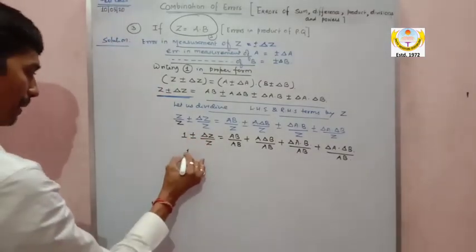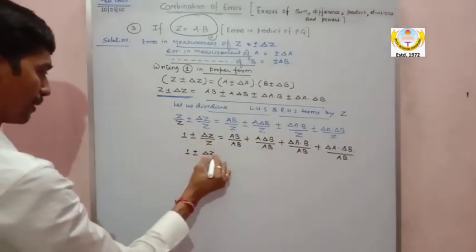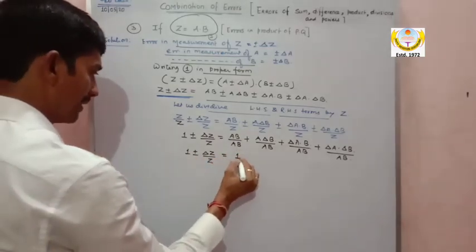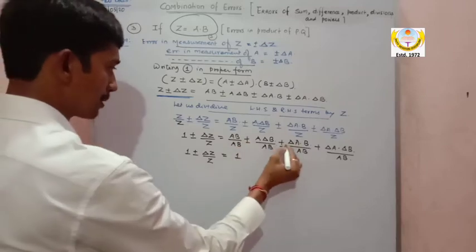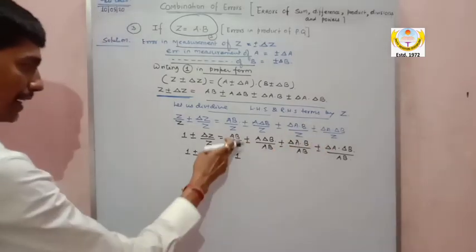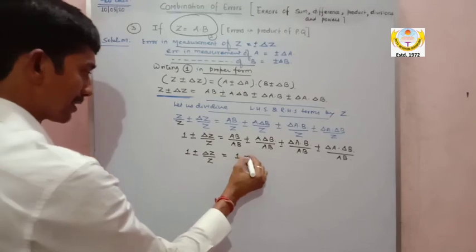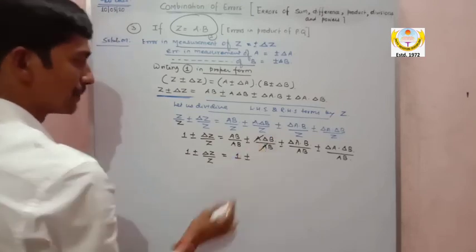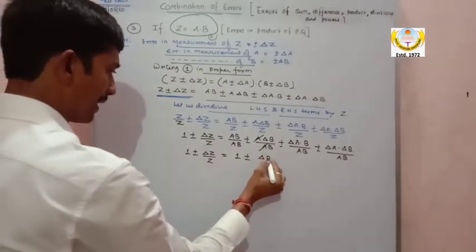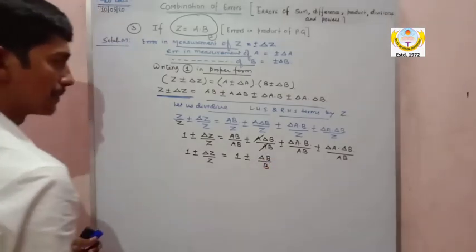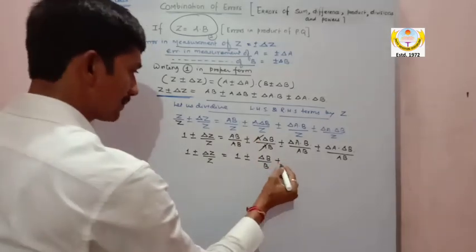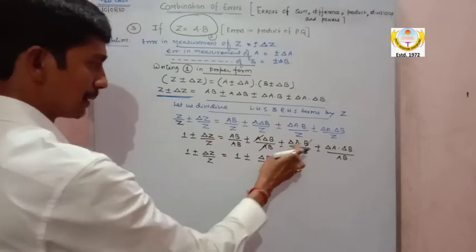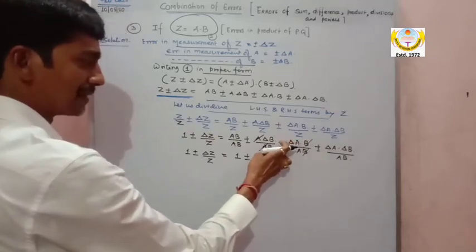This will be written as 1 plus minus delta z upon z is equal to, here also I will get 1. This is plus minus. Here AB by AB is 1. This is plus minus. Now, this A cancels with A, so I will get delta B divided by B, plus, here B cancels with B, because A is in delta and B is alone.